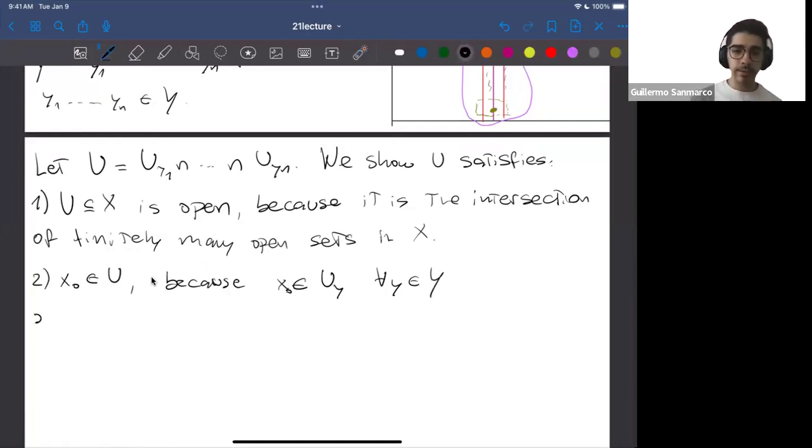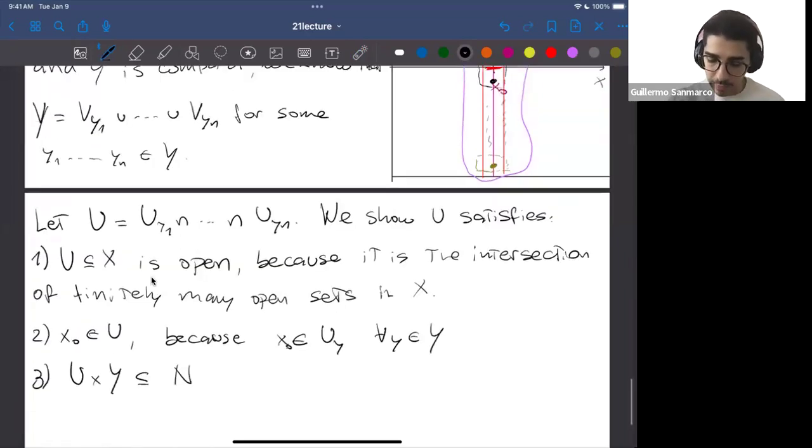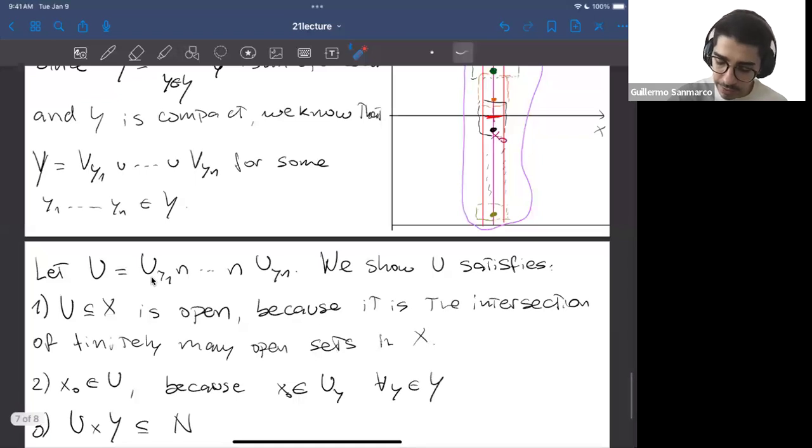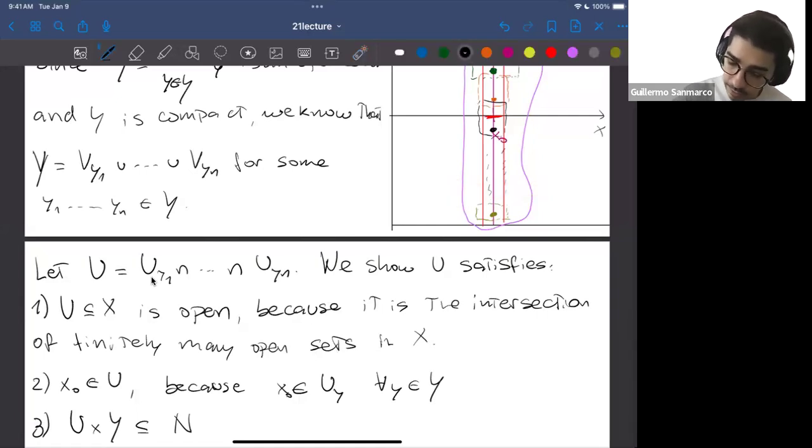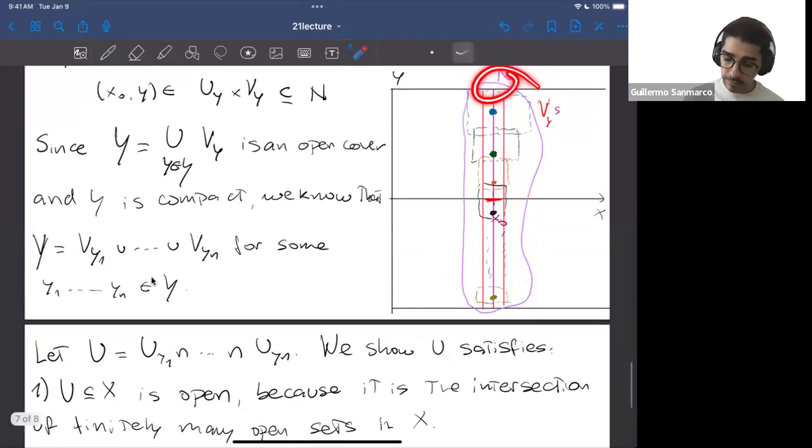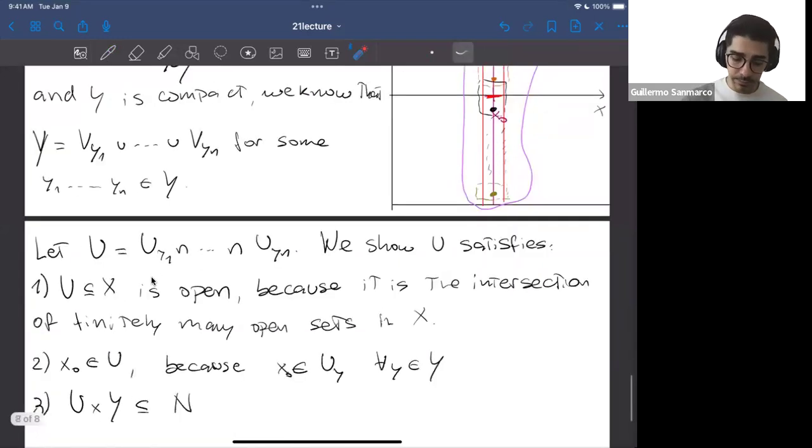Number three, and this is the important one, is that the tube U cross Y lives inside the given neighborhood N. So what we're proving here, let me go up to the picture, is showing that this tube is small enough so that we'll never go out of N. So this guy here is my N. That's the idea with this tube.